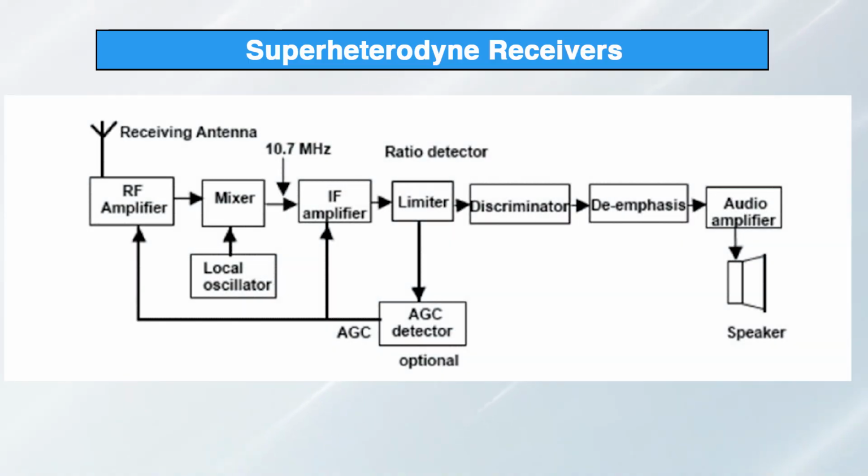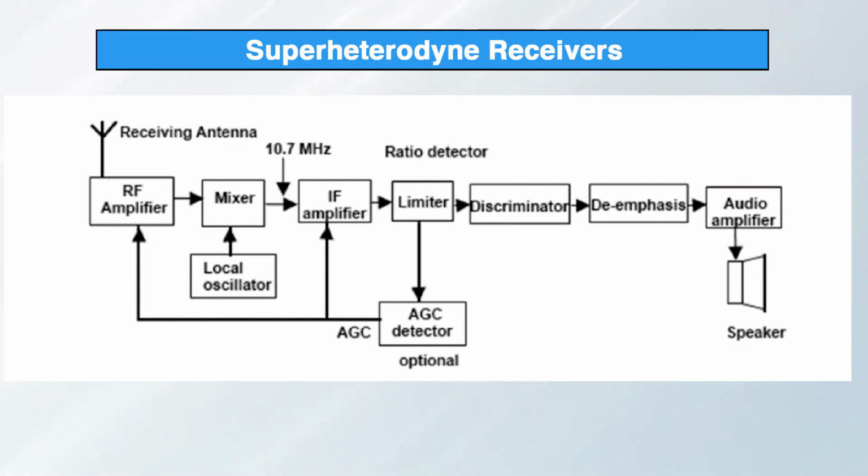Now, we will extend our discussion on the superheterodyne receiver a little further. Previously, we have discussed an AM superheterodyne receiver. A slight modification in the AM superheterodyne receiver makes it an FM superheterodyne receiver. Here is the block diagram of the FM superheterodyne receiver.